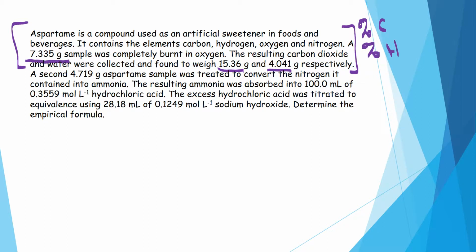Now the second sample, which was a different size, allows us to convert the nitrogen into ammonia, and then we're going to do a back titration. And this will allow us to determine the percentage of nitrogen and the percentage of oxygen.